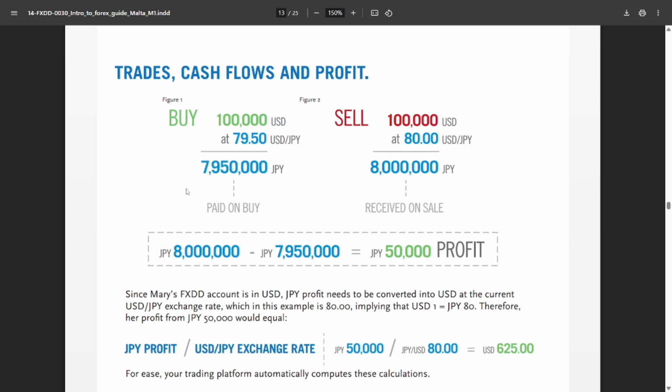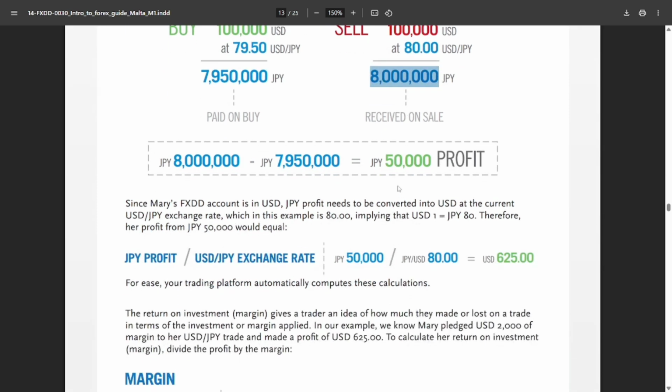Now the profit of that is here, and of course it depends on the selling time. You buy in this amount and you sell, for example, 100,000 USD at this price. Look, they are different. You have this amount of JPY, so your profit must be here.